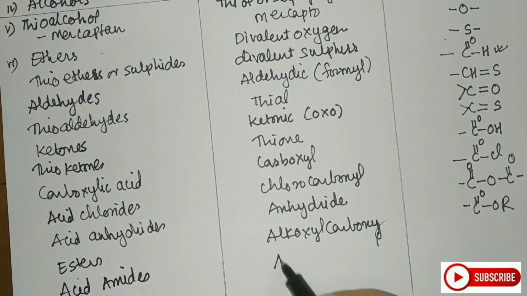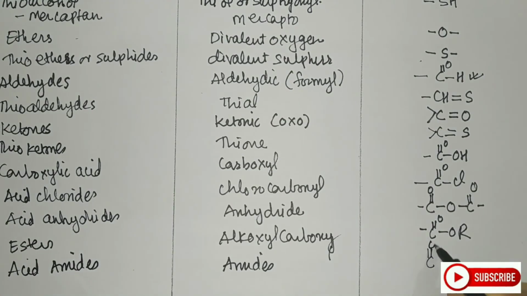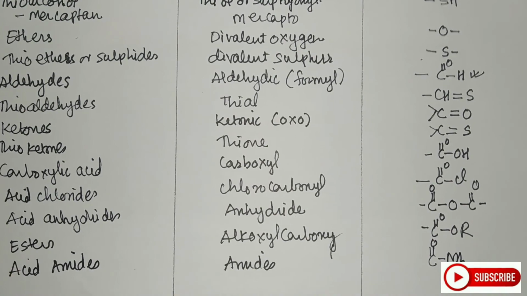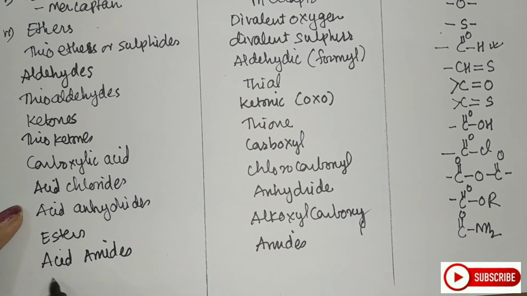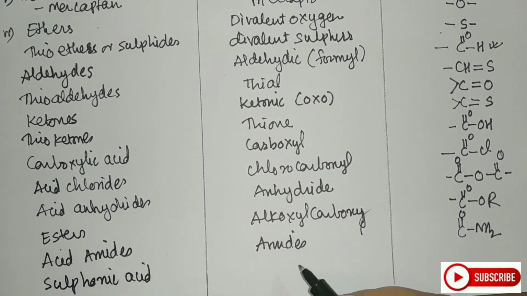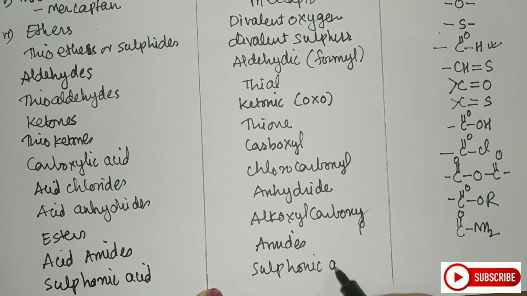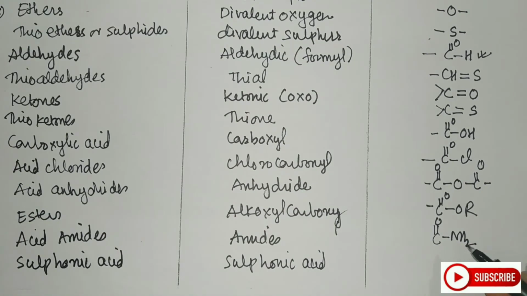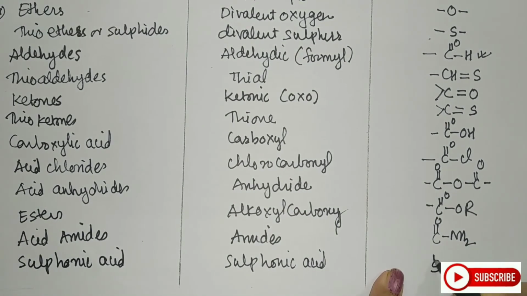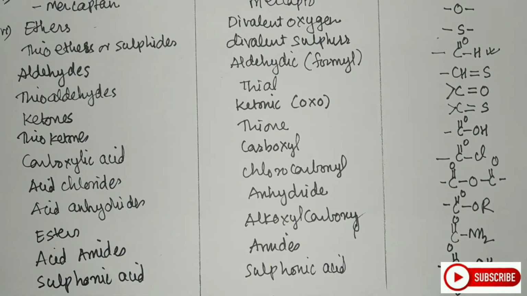They are simply called amides and represented by C double bond O, NH2. Next is sulfonic acid. They are called sulfonic acids only, same name, and represented by a sulfur attached to two double-bonded oxygens, and you have an OH group. So this is what sulfonic is.